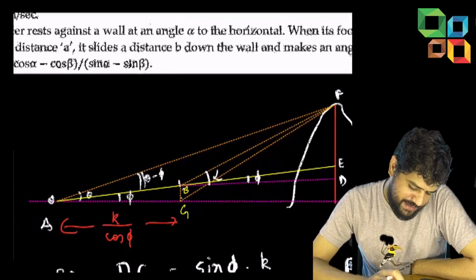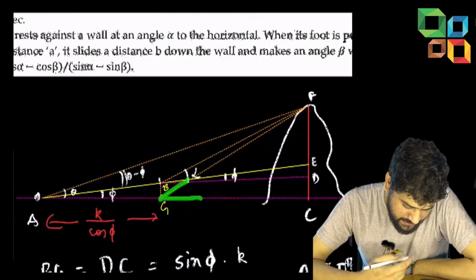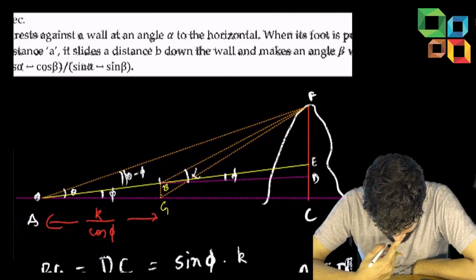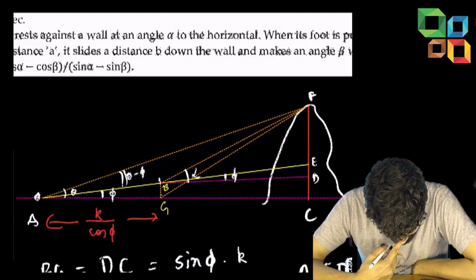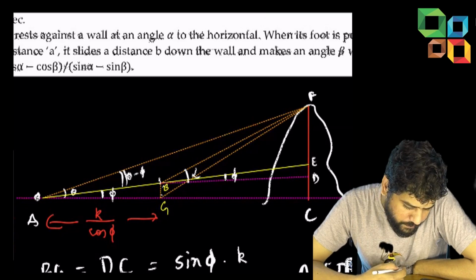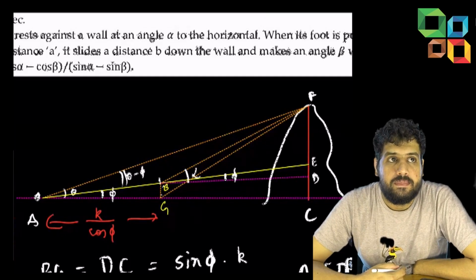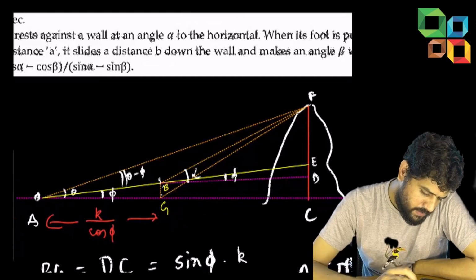Okay. Seems like some angle chasing which we are not able to find, this angle. Sir, that angle in the small triangle, I have not named it.